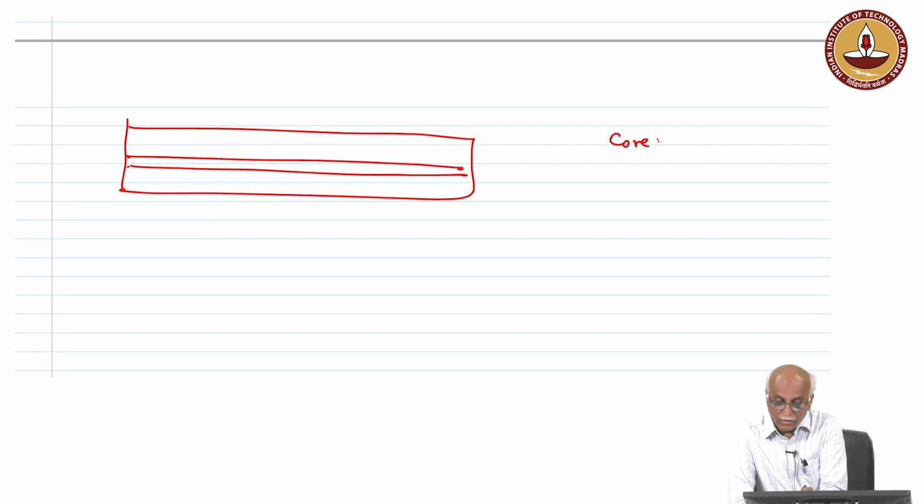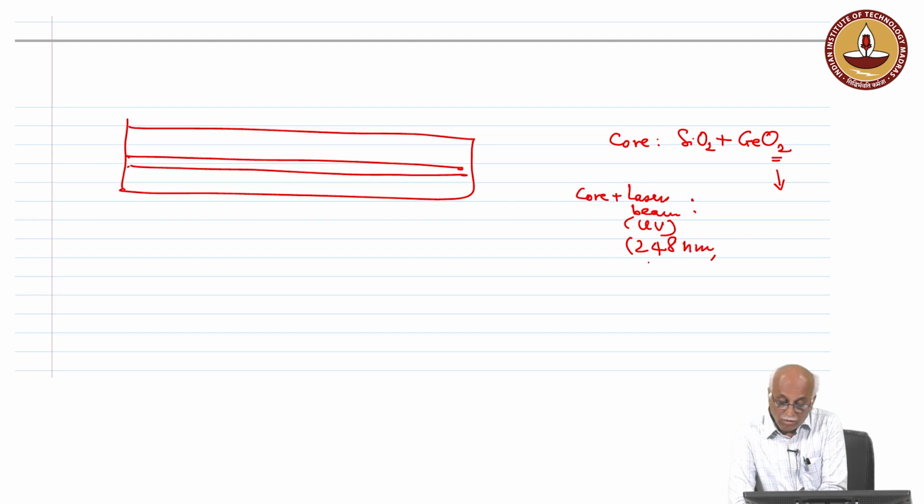The core is SiO2 plus Ge, germanium oxide, but after interacting with the UV laser beam, of 248 nanometer or 193 nanometer, the oxygen gets detached, or oxygen deficiency comes into the picture. 248 nanometer is the krypton fluoride laser, 193 nanometer is the argon fluoride laser.